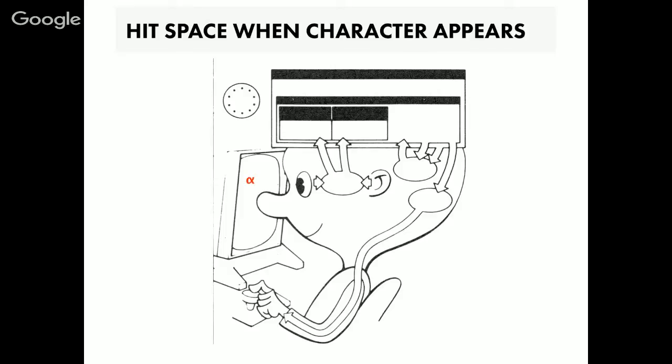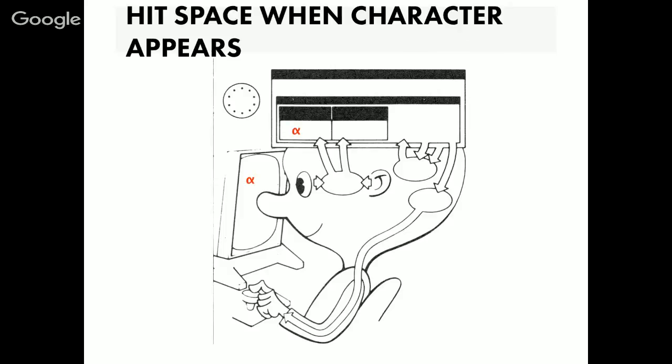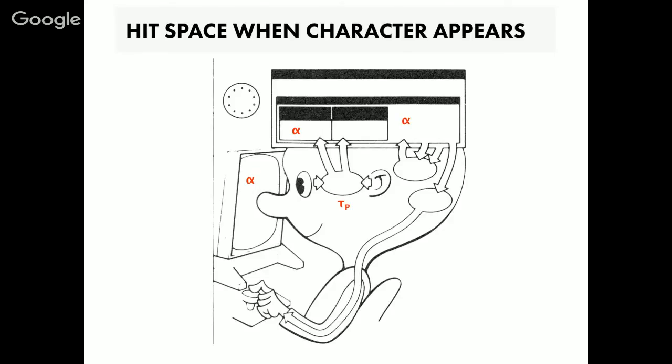So something comes on the screen, it has to be perceived, so it has to go into working memory. That takes a cycle of the perceptual processor. That's this tau p for time in the perceptual. And then it has to move into the cognitive processor, right?